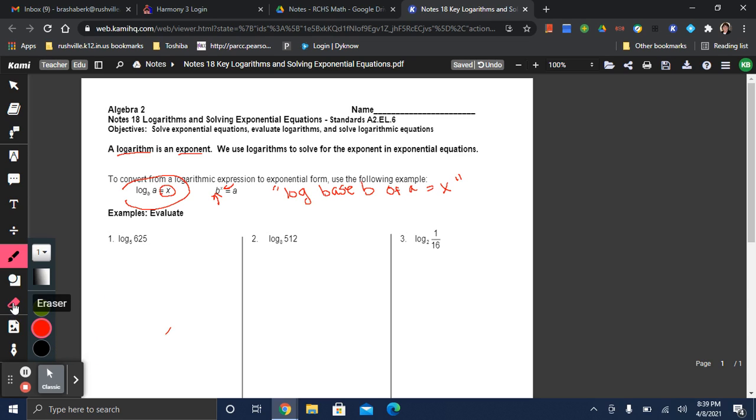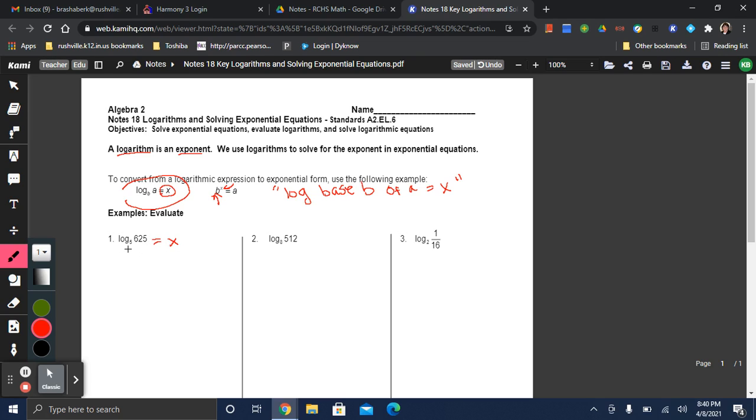So we're going to do some practice today with, first of all, evaluating logarithms, and then second of all, solving some equations using a logarithm. So first of all, evaluating. One thing that I think will help you is to put your problem equal to x so that you can see an equal sign.